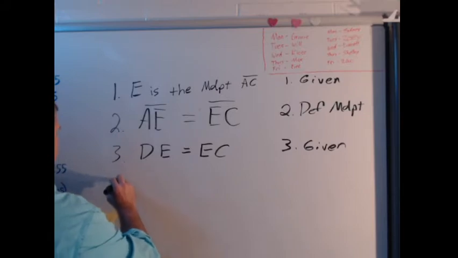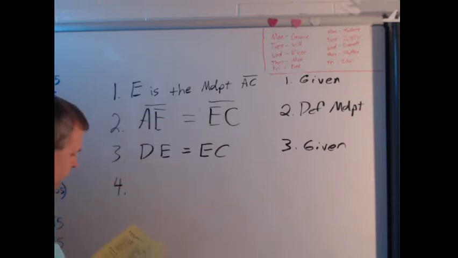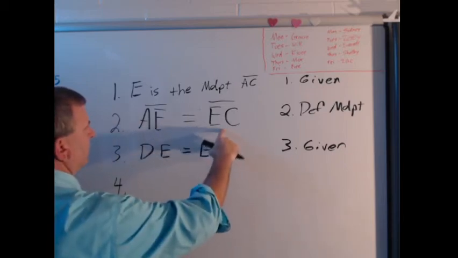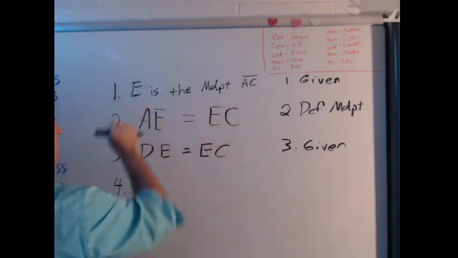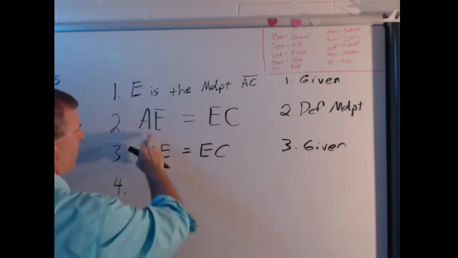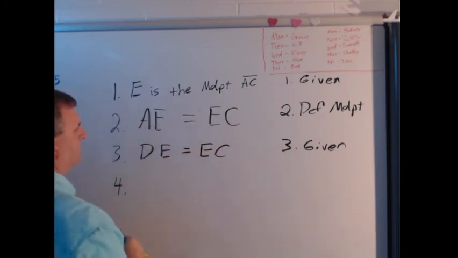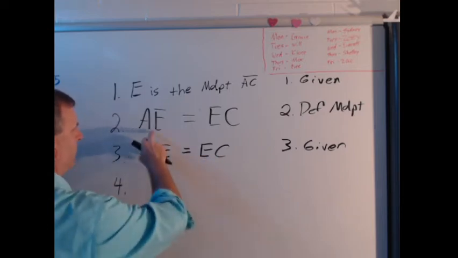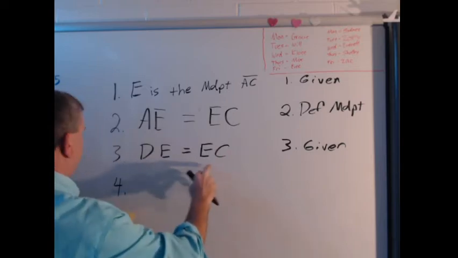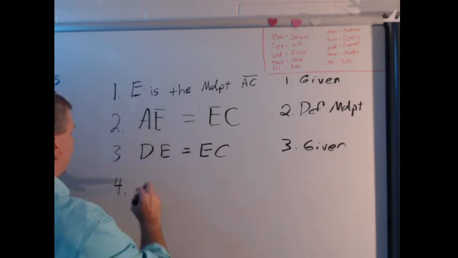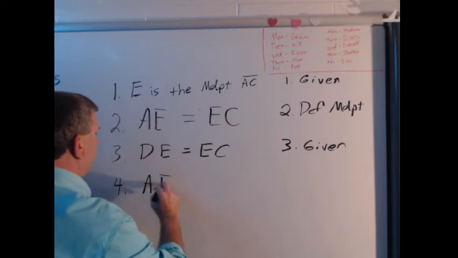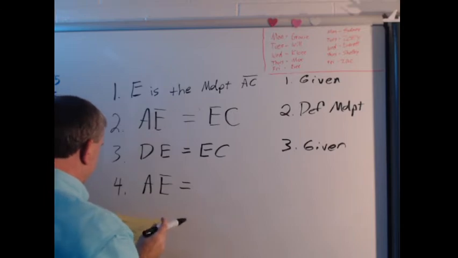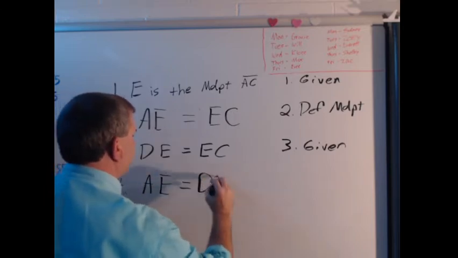Okay, so now, number 4. Since this is equal to this, and if you want to, so that it's easier to follow, if this is equal to this, and then this is equal to this, so AE is equal to EC, EC is equal to DE, I can naturally say that AE here is equal to DE, which is what you see.